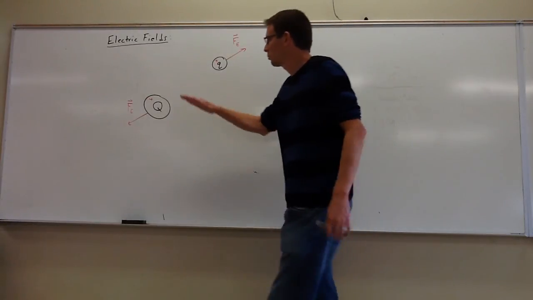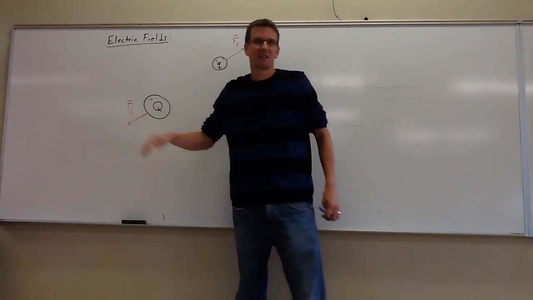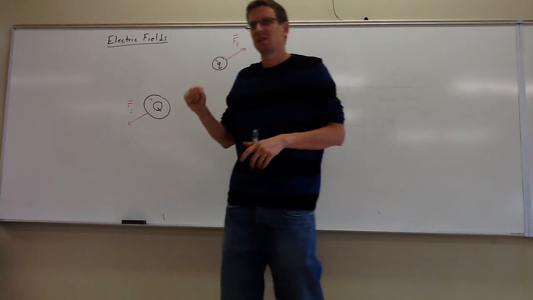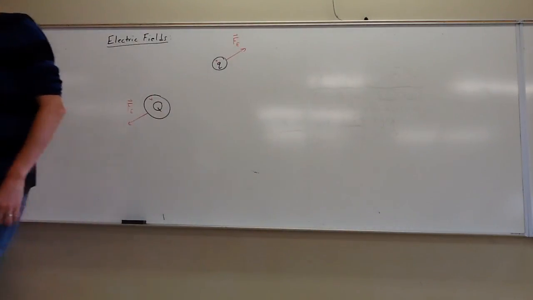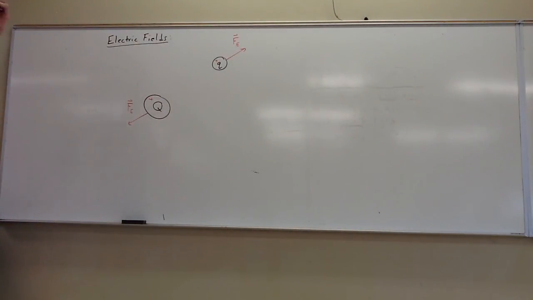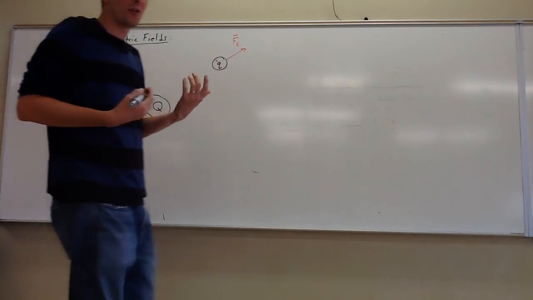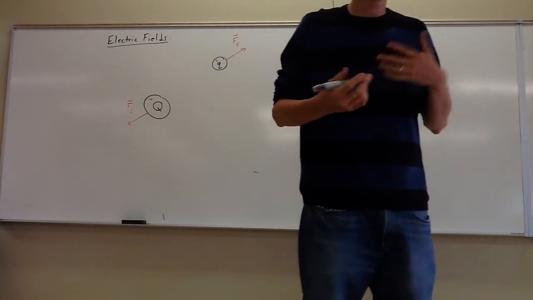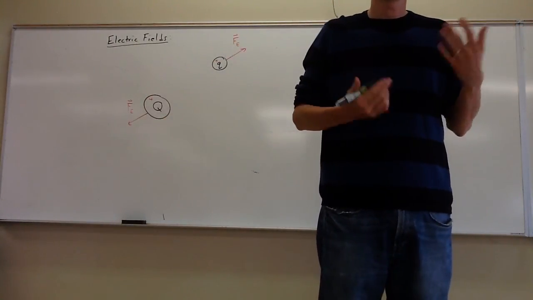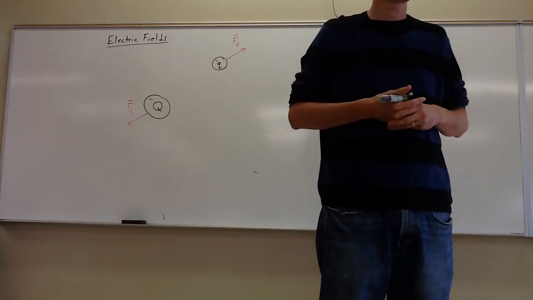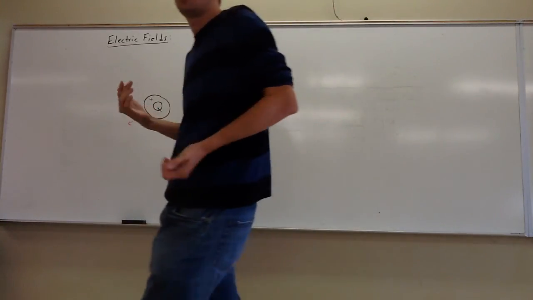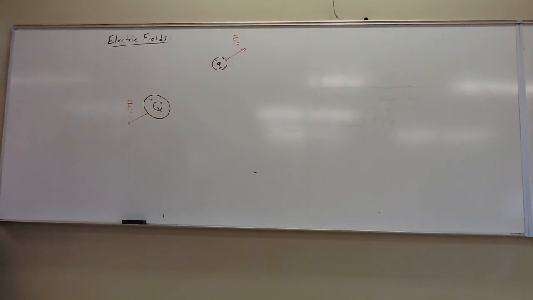Maybe there's something in between where they can't directly, quote-unquote, see each other, and yet they know to repel each other. This is the action at a distance conundrum, where it bothered people how the charges know about each other. They could be millions of miles apart. There could be whole planets in between them or whatnot, and yet they still know to repel each other.